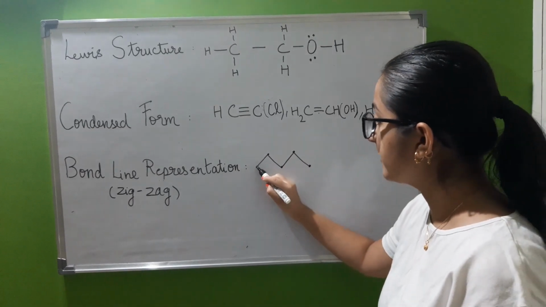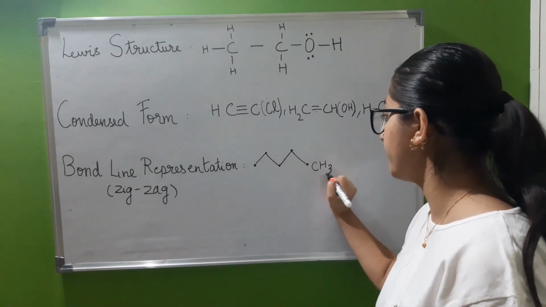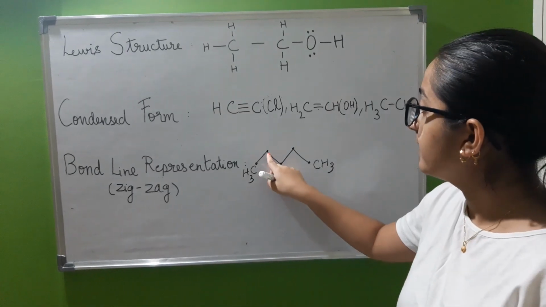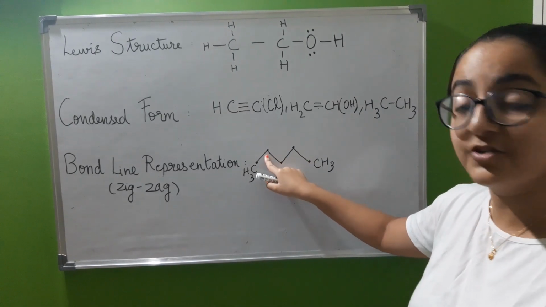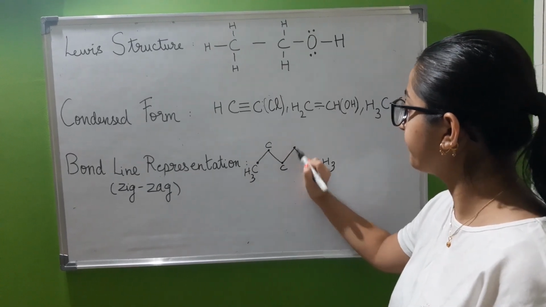Always remember that the terminal points always represent a CH3 group, and all the rest of the tips, or the junctions between the two lines, represent a carbon atom.